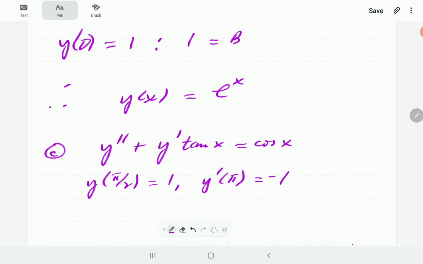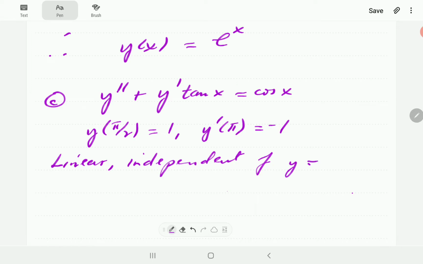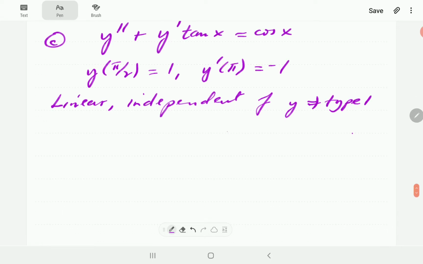When x is pi, y is -1. So this equation is linear. This equation is independent of y. So that means, again, we are in type 1 territory.